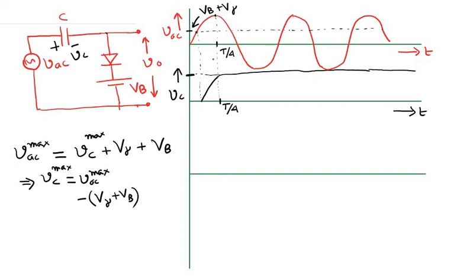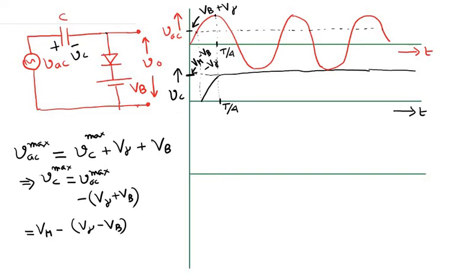If we write this Vac max as Vm, which we wrote previously, this becomes Vm minus V gamma minus Vb, where Vm is the amplitude of Vac. Vm and Vac max are the same thing. So the voltage at this point is Vm minus Vb minus V gamma.